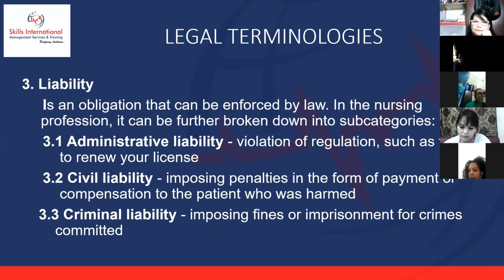So number three is liability. Liability is an obligation that can be enforced by law. In the nursing profession, it can be further broken down into subcategories. And what are those categories? We have three. Number one is administrative liability.